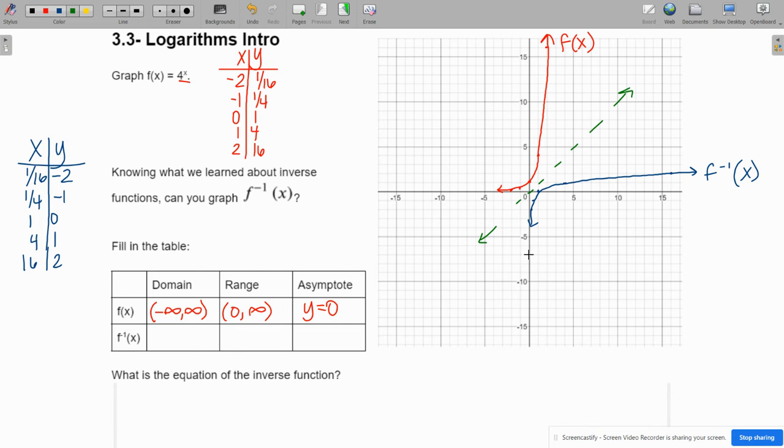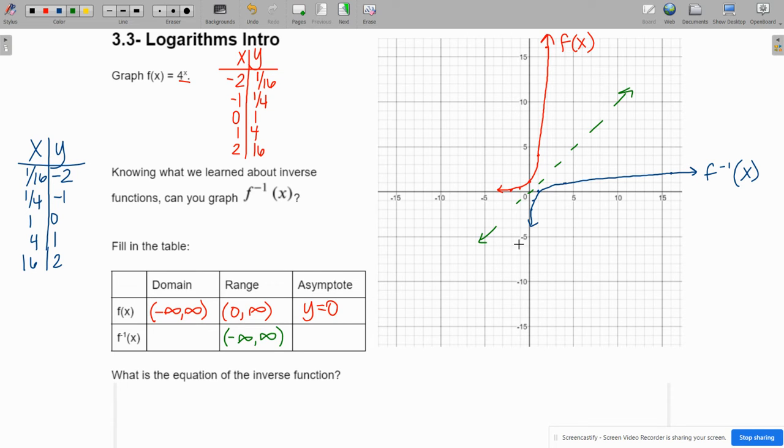So this is still a function, but what I can see here is our domain and our range and our asymptote is definitely going to be impacted by this. Think about if we know that your inverse function came about by flip-flopping your x's and y's, then it should make sense that the domain for your original function should now be the range of your inverse function.